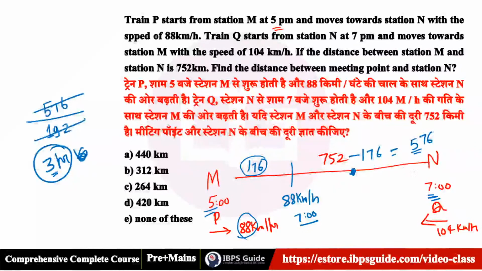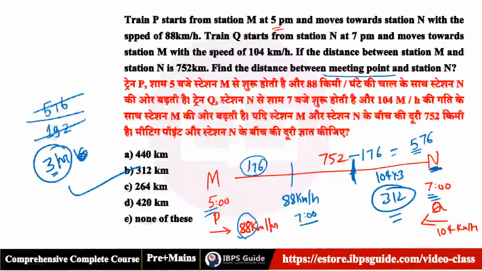So the distance between the meeting point and station N is this, and this is taking 3 hours. So 104 into 3, that is 312. So the answer will be 312 kilometers. This is the meeting point, and from point N to this is 312. Did you get that? 312 will be your answer.